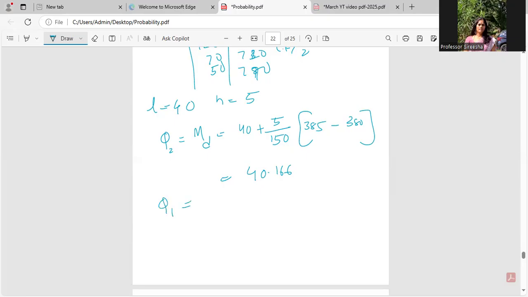Now coming to Q1. To find Q1, here I take n by 4 and follow the same thing. Just greater than n by 4 I will take. N by 4 value is 192.5. Little greater than 192.5 is the 30-35 class. So what I'll do? 30 is the lower bound.